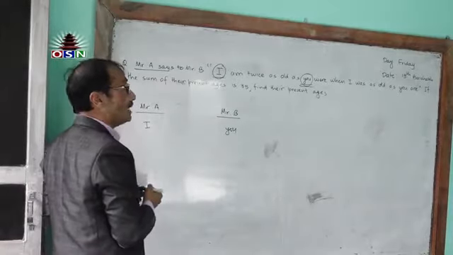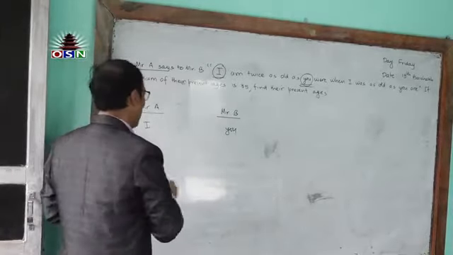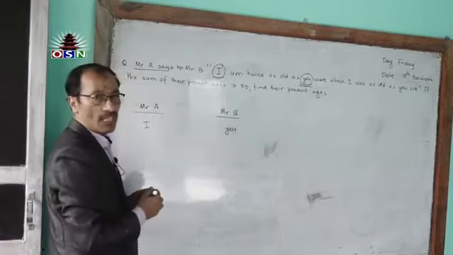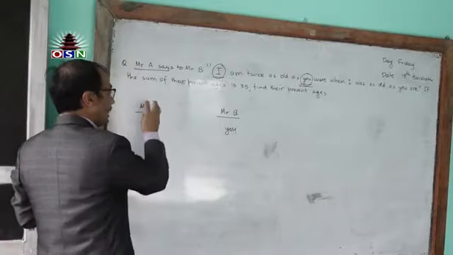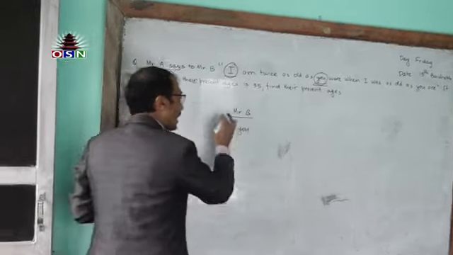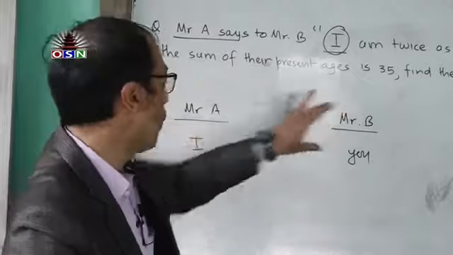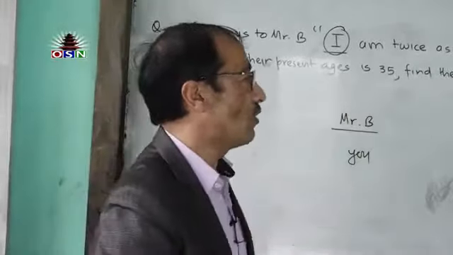"I am twice as old as you," meaning Mr. A is twice as old as Mr. B. What is the age of Mr. A and what is the age of Mr. B? That is not given by the question. This is unknown. But let's complete the question first.